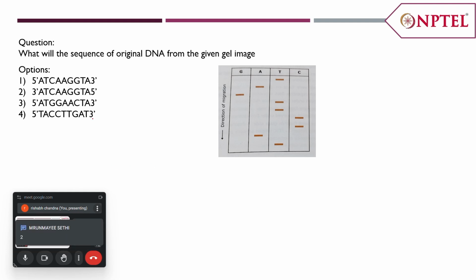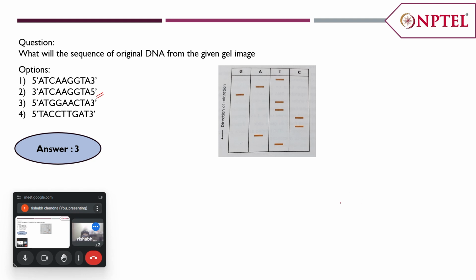Okay. Any more answers? Okay. So the correct answer is option number three. Okay. So let's see. So from here, the DNA sequence that will come will be T A C C T T G A T 3 prime.